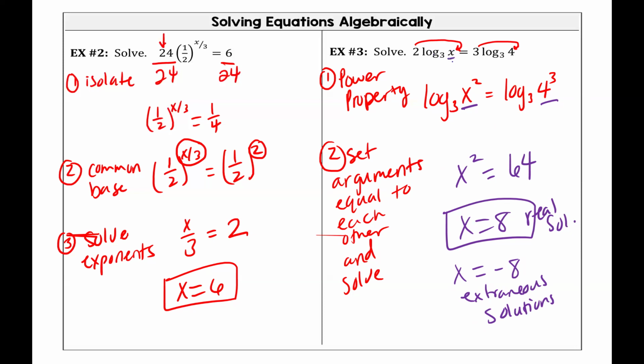When you take the square root, it produces a positive and a negative outcome, right? It's that plus or minus situation. But the negative can't be used because your argument can't be negative in the original. If I plug that back into the original, it would give an error.